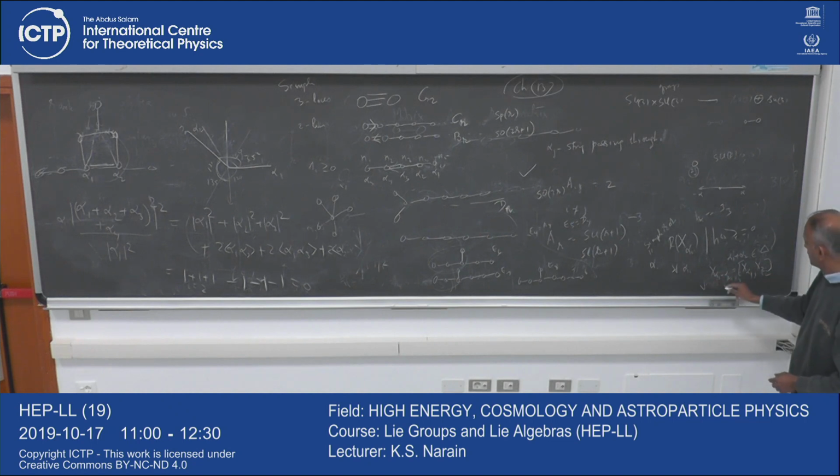So if I apply X alpha 1 plus alpha 2 on the highest weight state, that's the same as applying the commutator of X alpha 1 and X alpha 2 on it. But since each of them annihilates it, all the positive roots annihilate it. So this is a simultaneous highest weight with respect to all the positive roots.